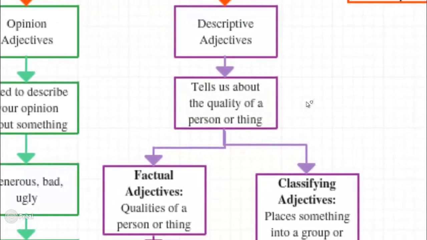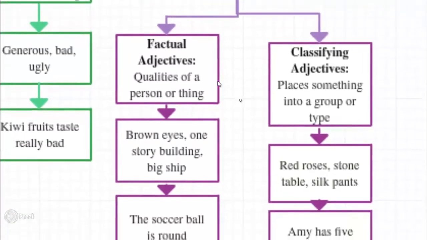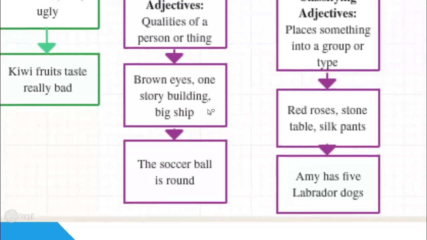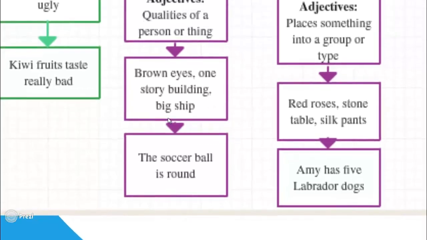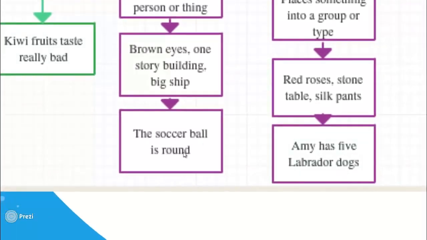Then we talk about descriptive adjectives, which tell us about the quality of the person or the thing. We can talk about a factual adjective, which describes the quality of a person or a thing. Like she has brown eyes, she lives in a one-story building, and she travels in a big ship. Another example: the soccer ball is round.